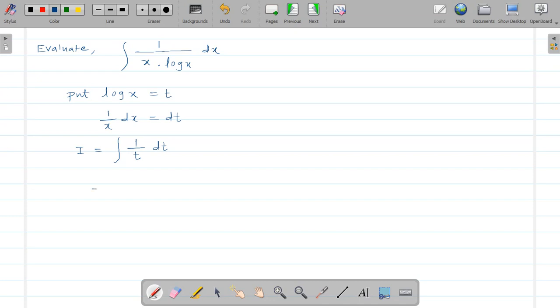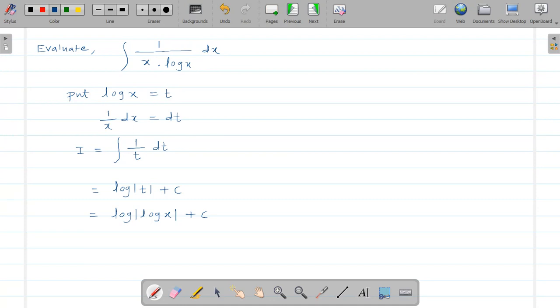Now you know that the integration of 1 upon t is log of modulus of t plus integration constant. So that is equal to log of modulus of, now in place of t we will put log x, resubstitution. So log of log x plus constant. So in the substitution method, the given function converts into the standard form of the function.